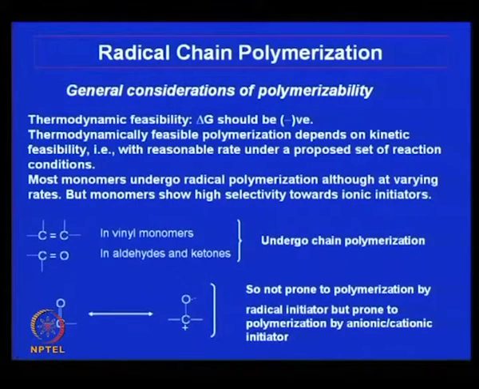If some free radical is available, that free radical will interact with a monomer to generate a free radical, then that will lead to coupling, forming a bond. How? I am showing you.